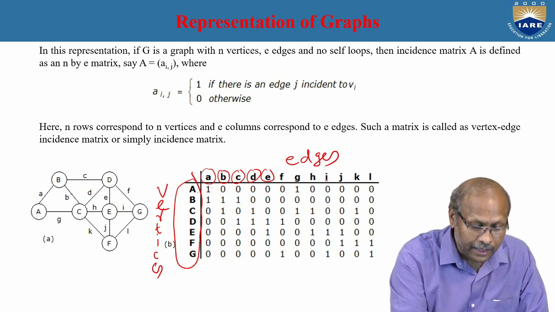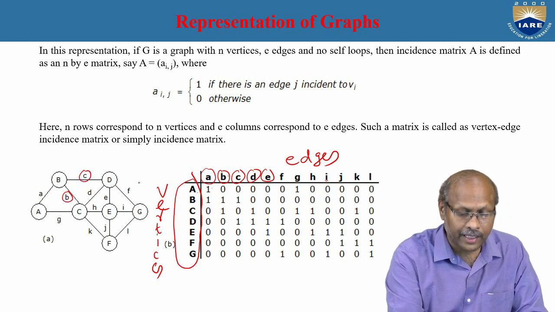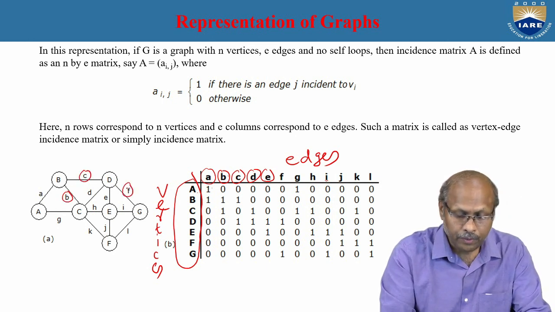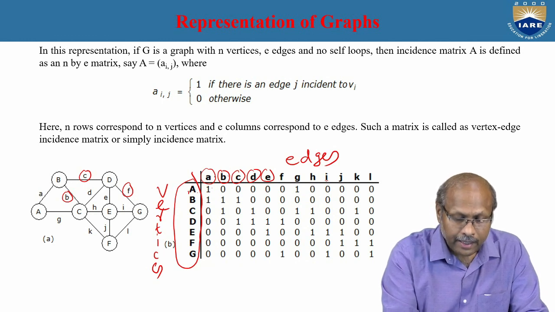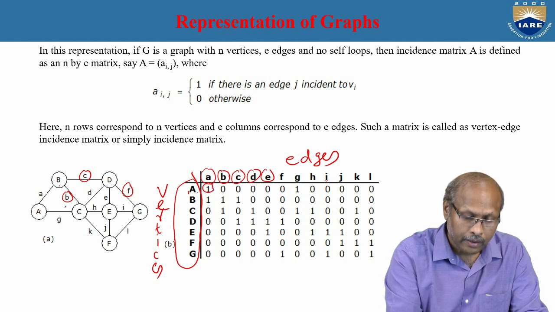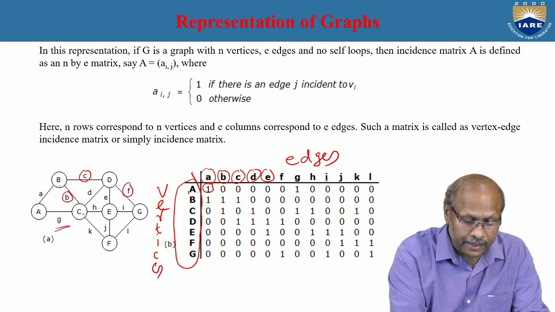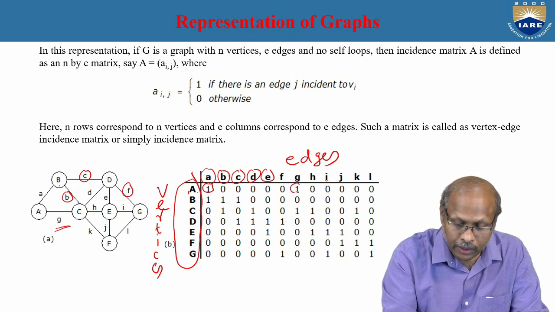Here lowercase letters are edges, like b, c, and f. Now, whether my A is falling on edge a or not. A is falling on a, so write 1 here. A is also linked with g, so A to g is 1.